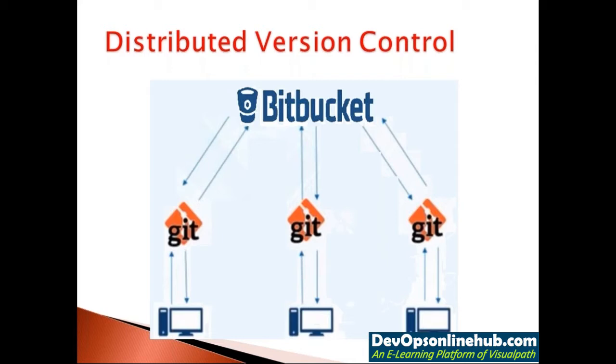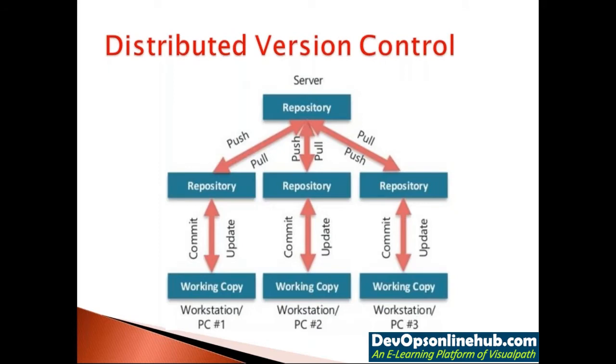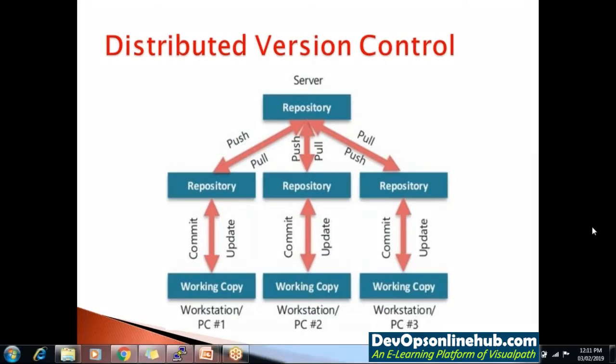Today one developer wants to modify the last committed file for a new feature. That developer will first pull the code, as shown here with pull and push. So we first need to pull the changes from the remote to our local using Git.